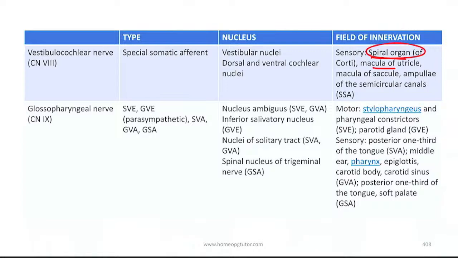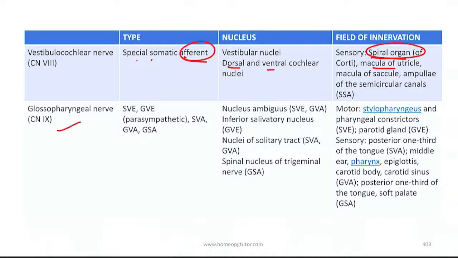Remember vestibulocochlear nerve is composed of two nuclei, that is vestibular nucleus and cochlear nucleus. Cochlear nucleus, again there are two, dorsal and ventral nuclei, and the nerve is special somatic afferent. Afferent means sensation. Special somatic afferent, sensations of hearing.